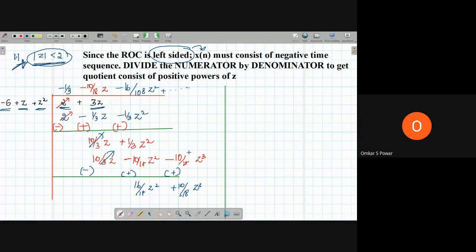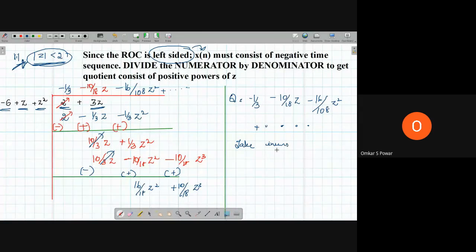Let me write the quotient for you: minus 1 by 3 minus 10 by 18 into z minus 16 divided by 108 into z square plus so on. It continues. The first three terms are enough, so take the inverse.